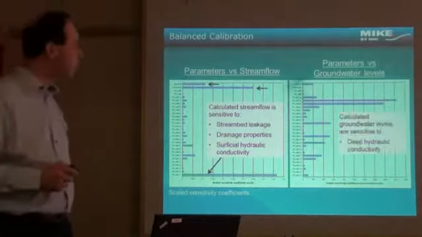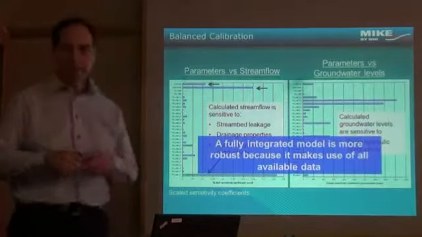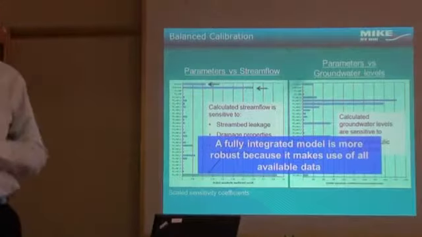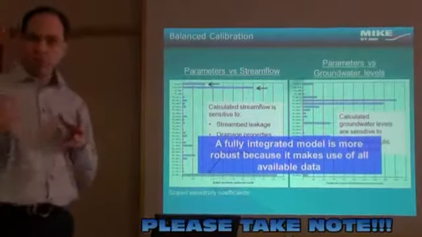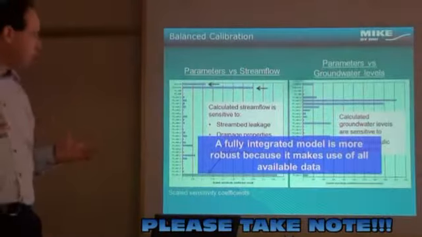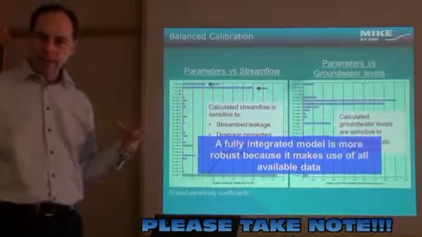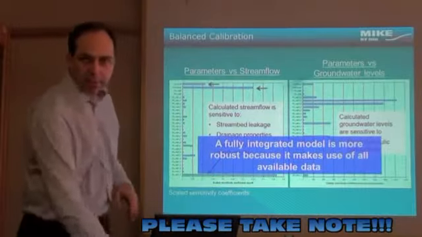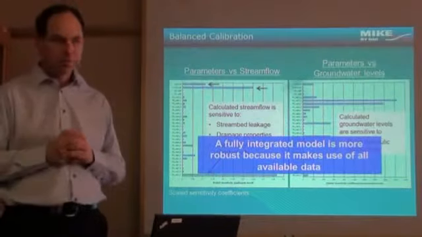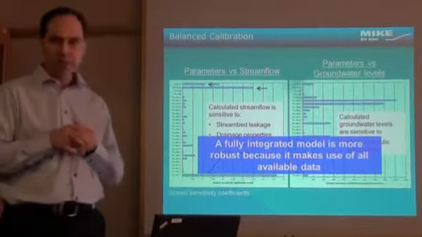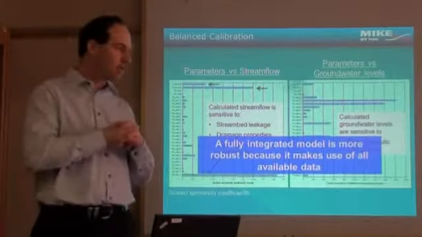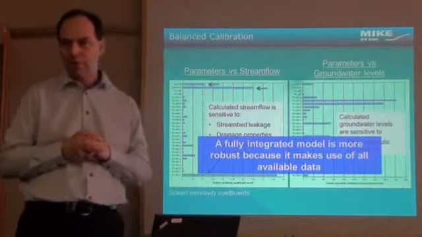So the message here is that a fully integrated model of the catchment processes is actually more robust because it brings together all these processes. And if you want to calibrate a catchment model that includes all these processes, it's many times easier to calibrate because it has to fit together like a puzzle in order to make it work.